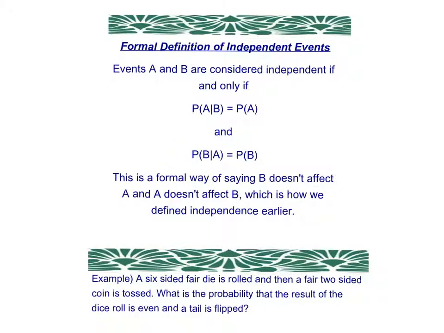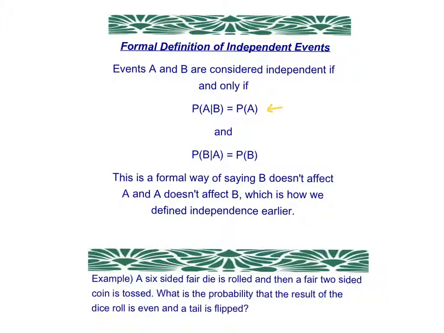All right, so let's talk about a formal definition of independent events. Events A and B are considered to be independent if and only if the probability of A given B is equal to the probability of A, and the probability of B given A is equal to the probability of B. And this works for relative frequency too.